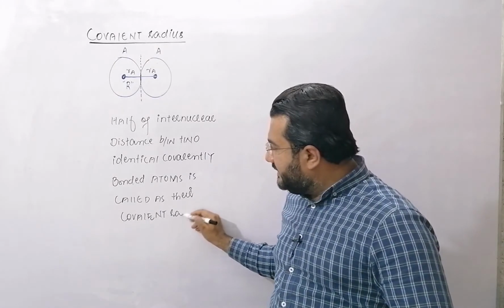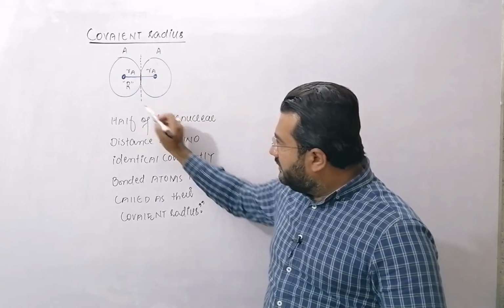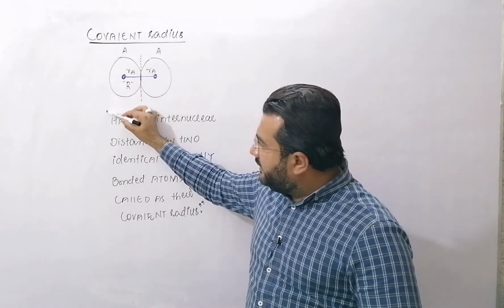So covalent radius is half of the bond length of the two identical atoms which are covalently bonded to each other.